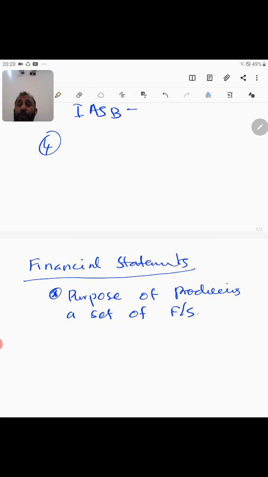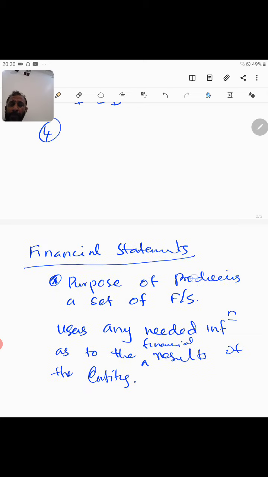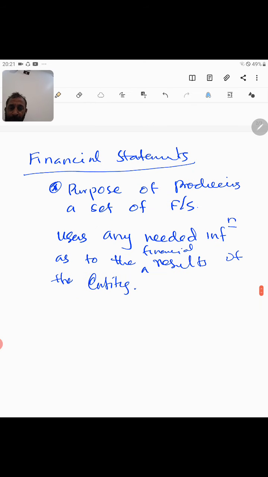The purpose is to provide users any needed information as to the financial results of the entity.